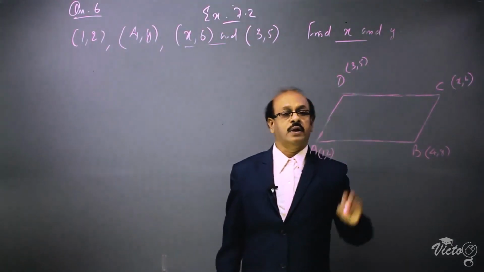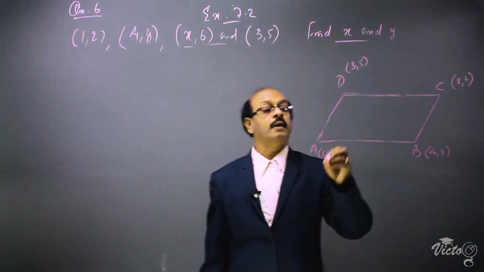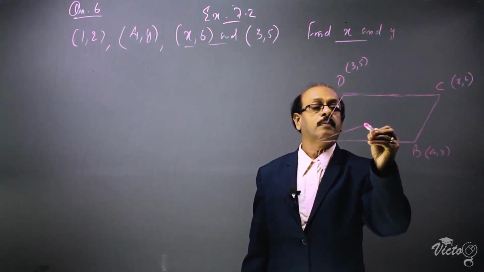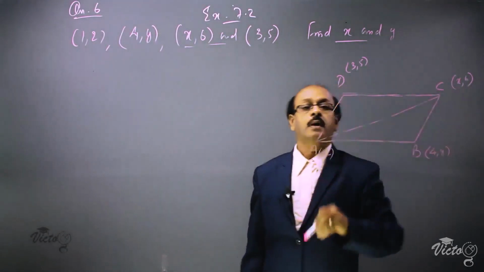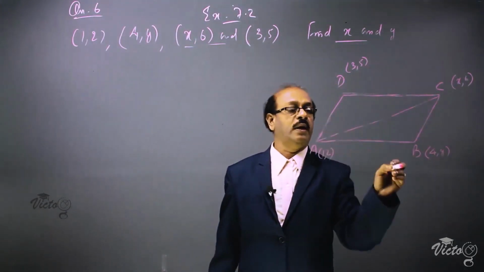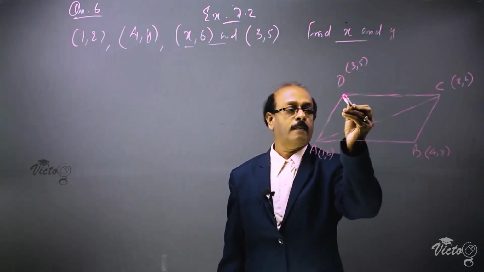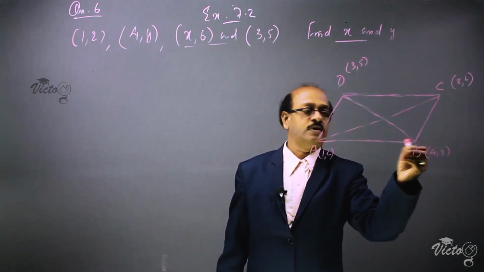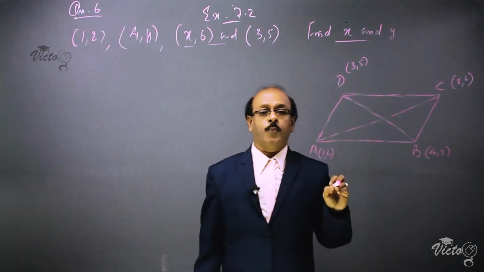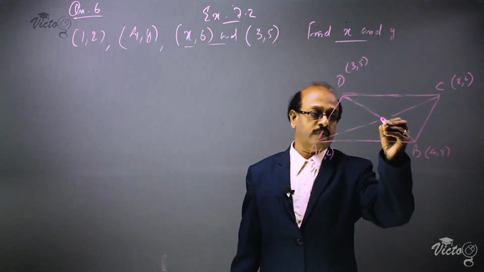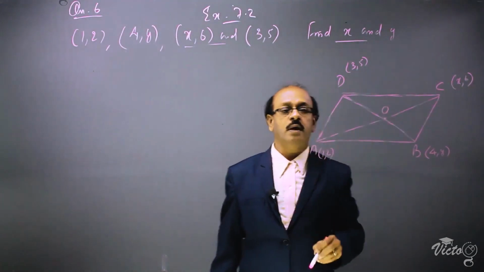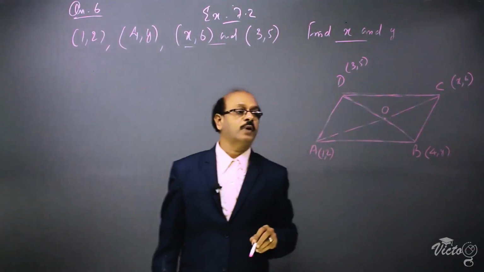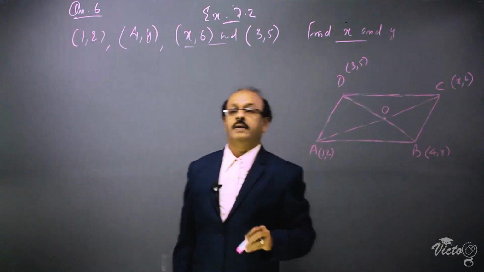We are joining AC to obtain the diagonal. Here AC is a diagonal, and joining BD we get the second diagonal. The point of intersection of the two diagonals we are taking as O.